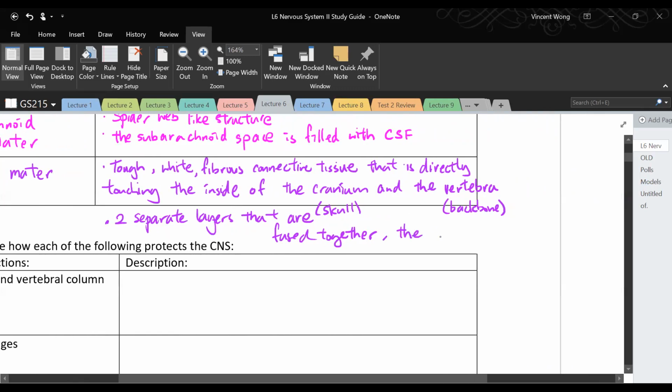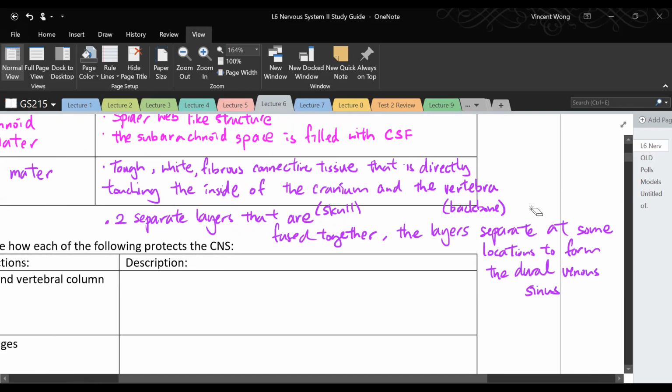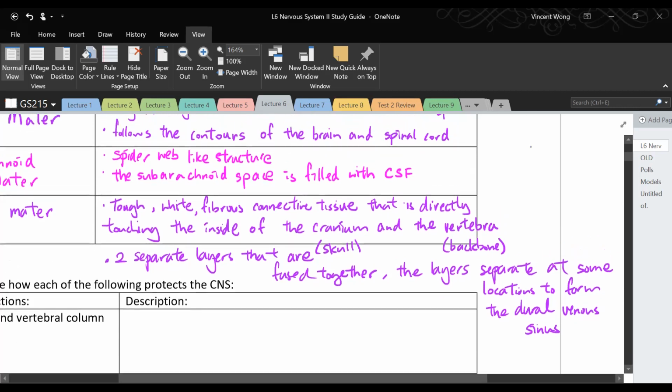The layers separate at some location to form the dural venous sinus. Okay, that's its place for draining CSF.